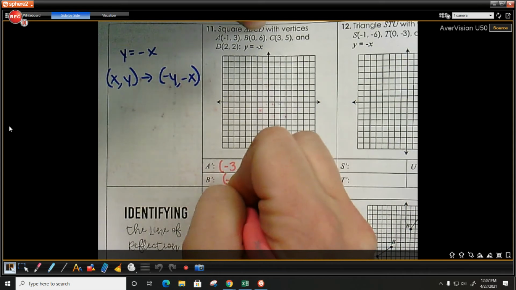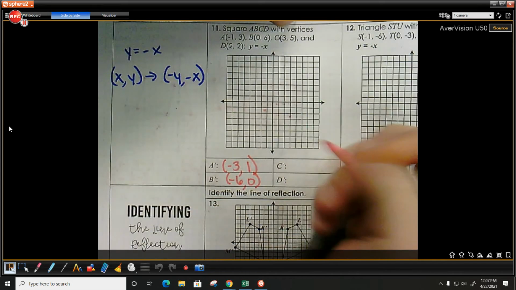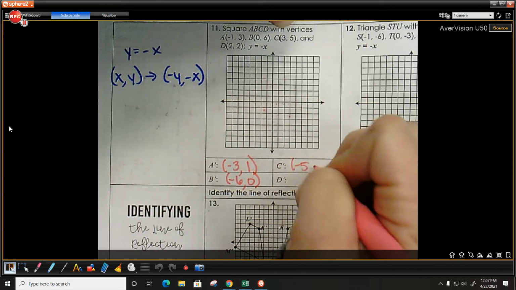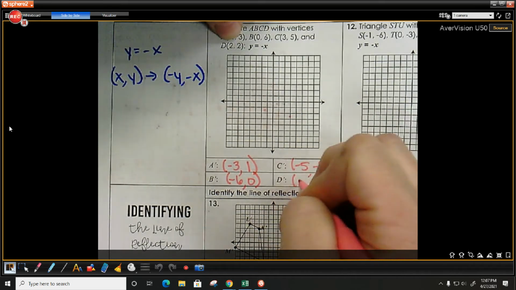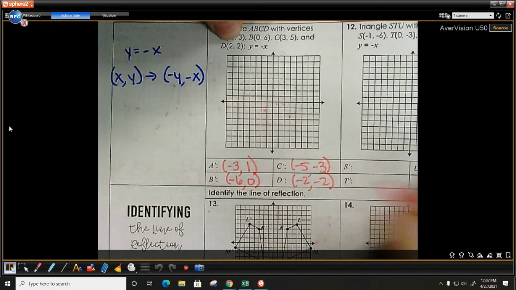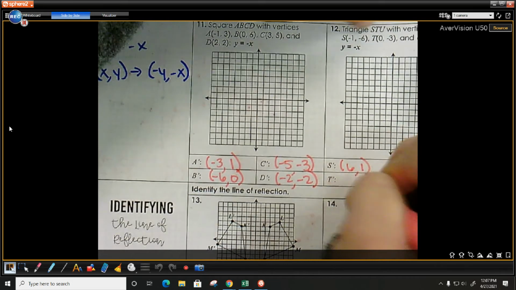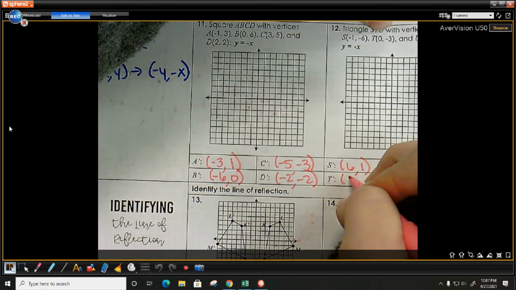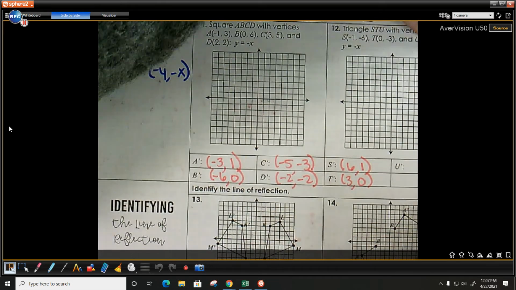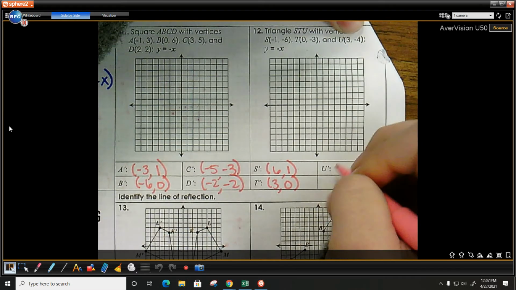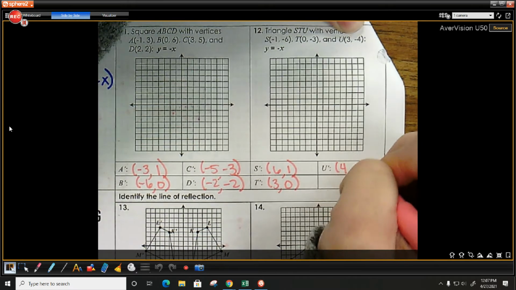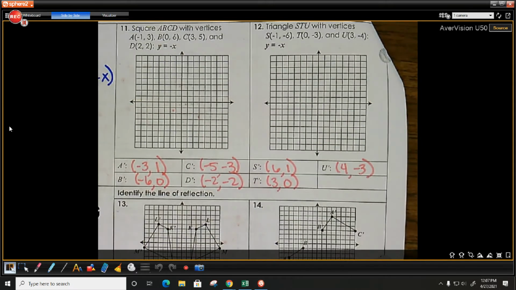What would C prime be at? And D prime. Okay, what's S prime? T prime. For -3. Good?